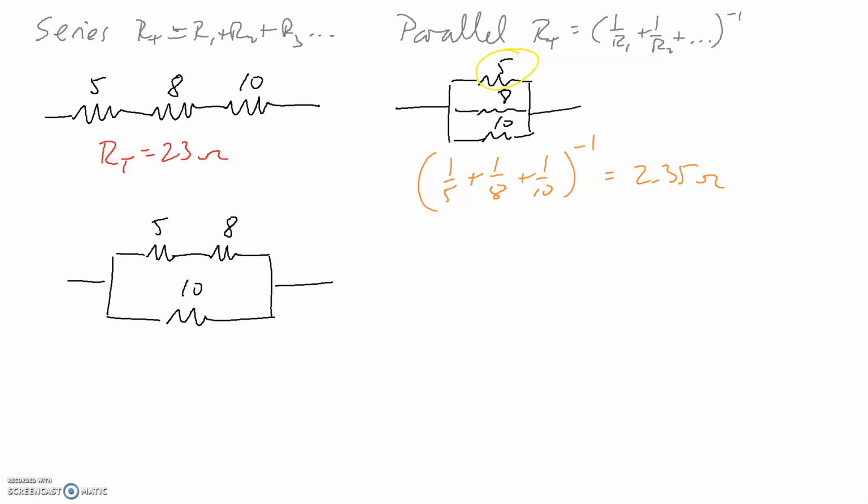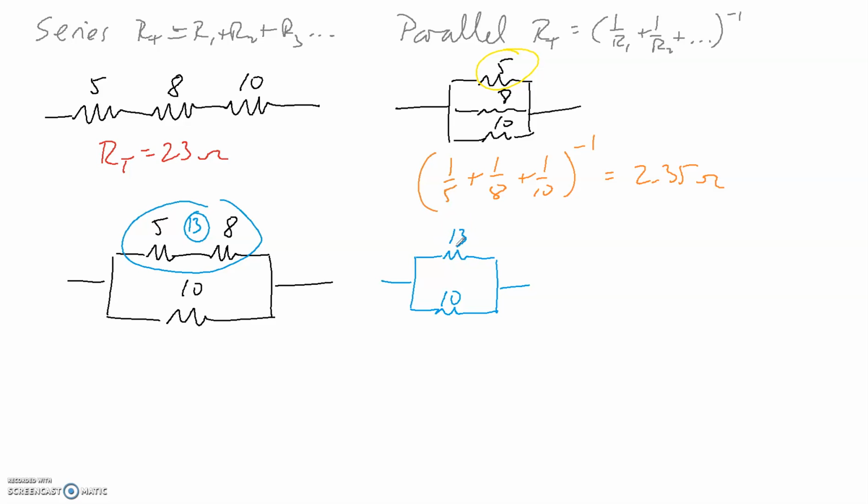For example, one of the first things we can put together here are the 5 and the 8. The 5 and 8 are in series with each other, so we could say those two are like a 13. There's no difference between that and having a circuit that looks like this, replacing the 5 and the 8 with a 13.